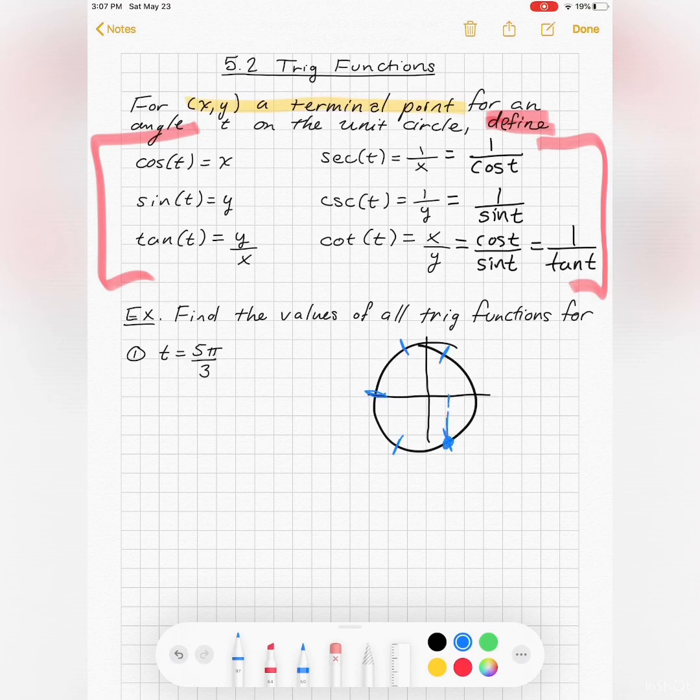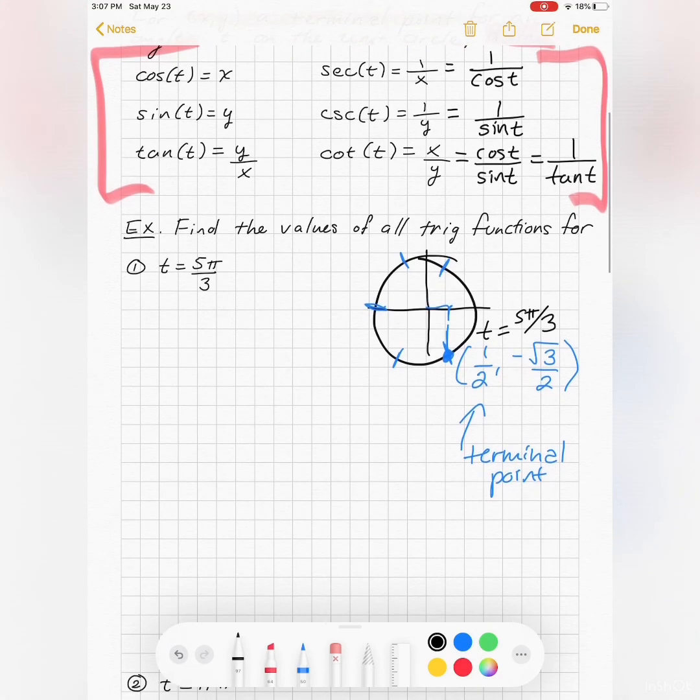At this point, the x is smaller, the y is bigger in magnitude but negative. There's my terminal point, associated with t equals 5 pi over 3. That's the angle.